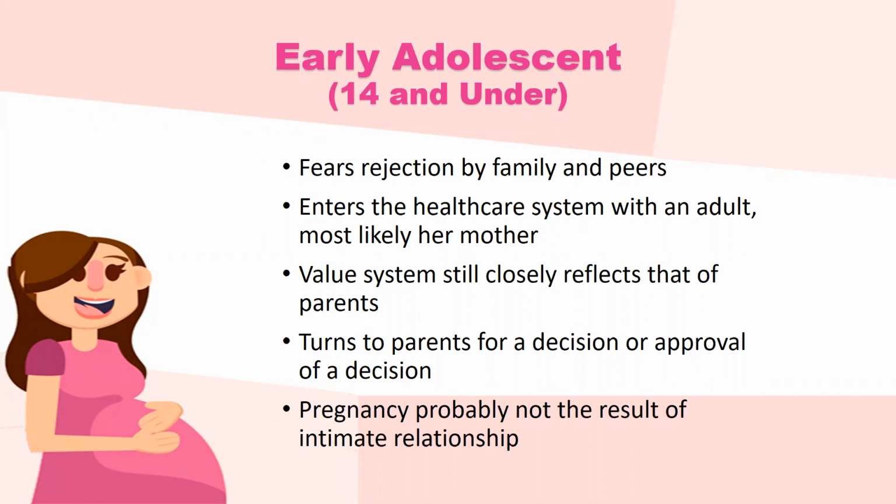Early adolescence is considered 14 years of age and younger. These teens perceive their locus of control as external. That means that their destinies are controlled by others, such as their parents and school authorities.